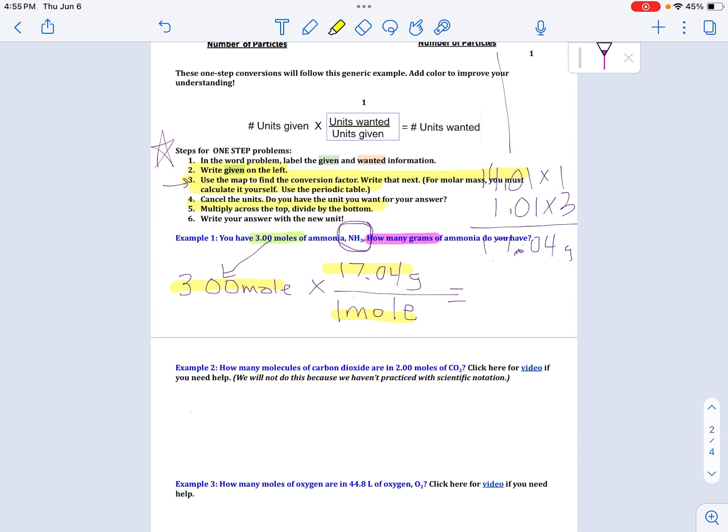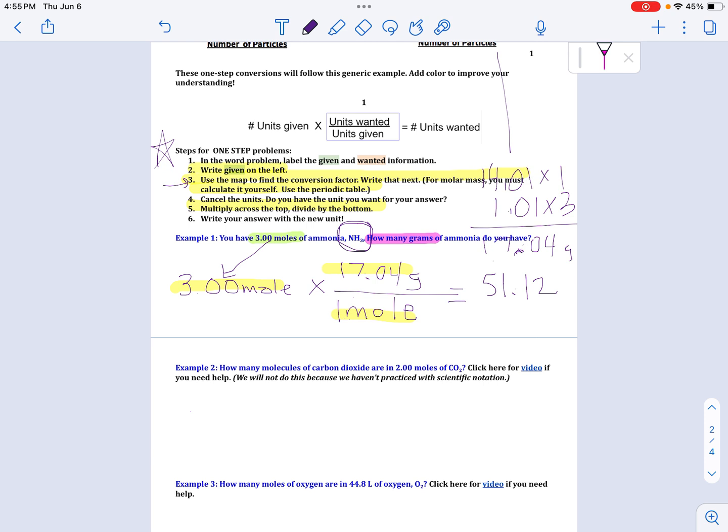And then my answer, gotta grab a calculator, is 3 times 17.04 divided by 1. I got 51.12.